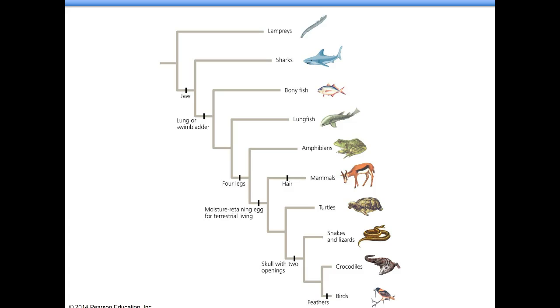So taking a look at this phylogenetic tree, this illustrates the relationship among vertebrates, so organisms with a backbone, and just one small portion of a huge complex tree of life. So we're not seeing anything else but this. But each branch results from a speciation event.